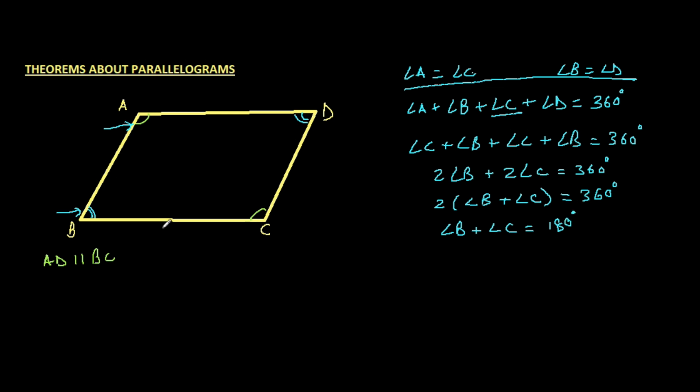Now we can again see that angle B is this one here and angle C is this one here. So AB and CD are two lines and BC is a transversal between them. So we can say that angle B and angle C are co-interior angles.